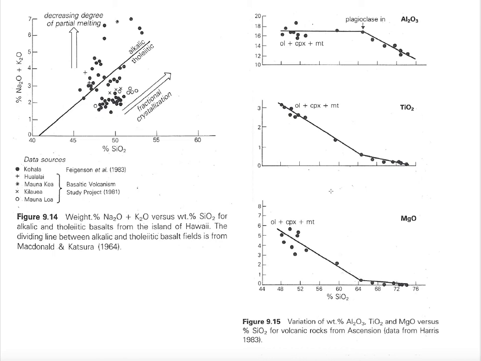So now the next diagram shows the variation of weight percent Al2O3, titanium oxide and magnesium oxide versus SiO2. We always start with a mineral assemblage of olivine, CPX plus magnetite.